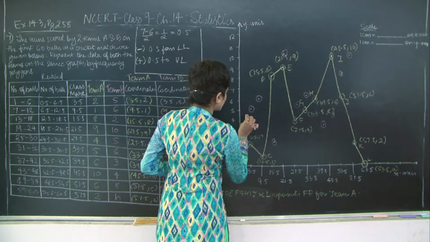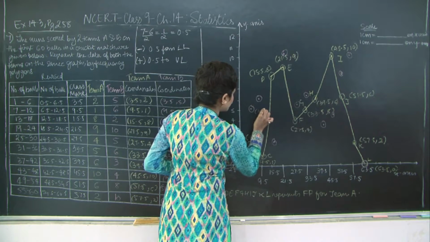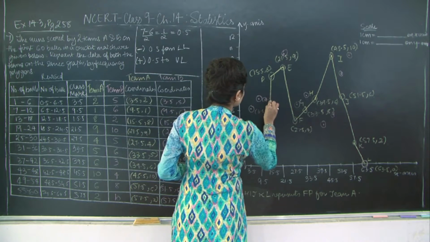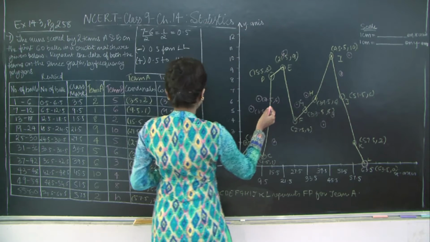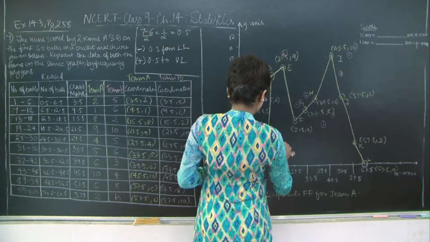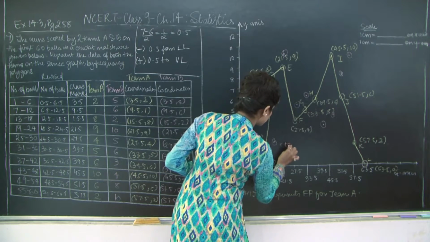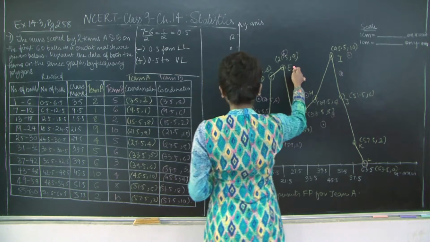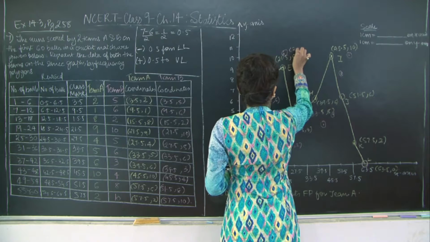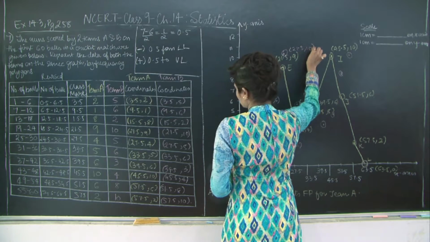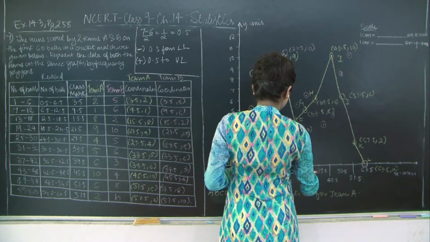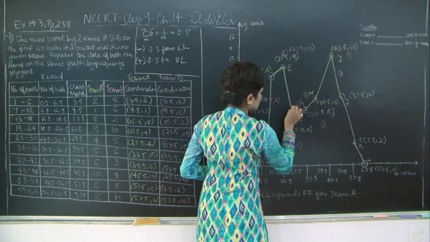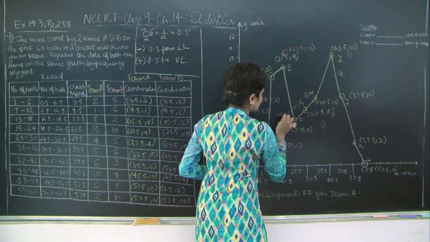This is 3.5 comma 5, then 9.5 comma 6, then 15.5 comma 2, then I have 21.5 comma 10, then 27.5 comma 5.